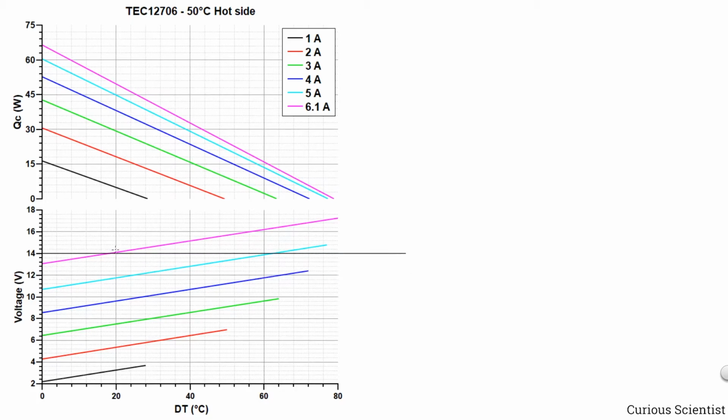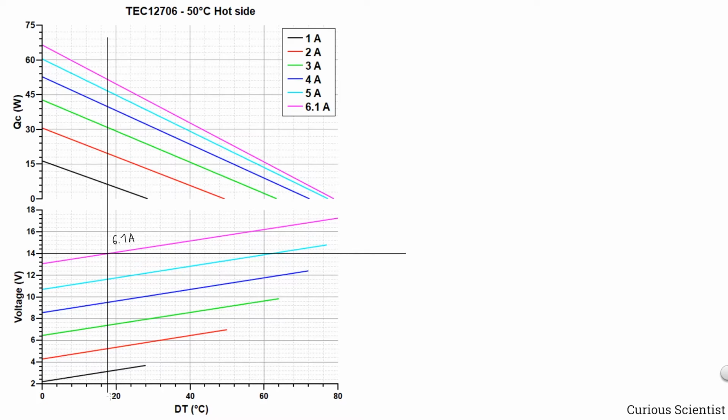And you see that this horizontal line intersects two curves which correspond to two different currents. So let's draw a vertical line at the first intersection, so roughly here. And let's see what happens here. So this corresponds to 6.1 amps that we know.